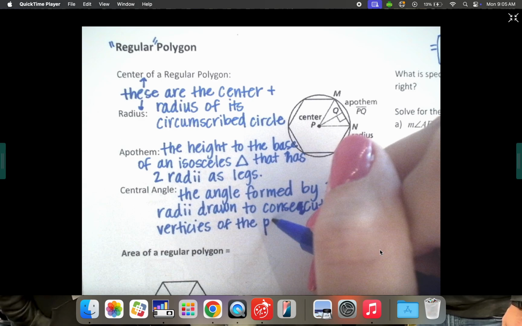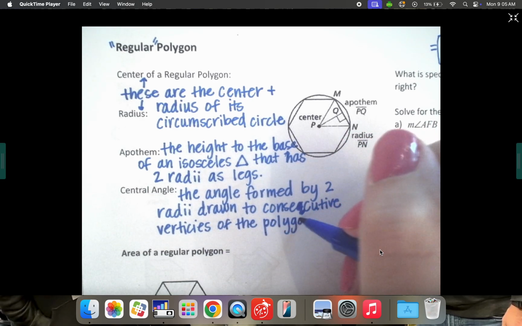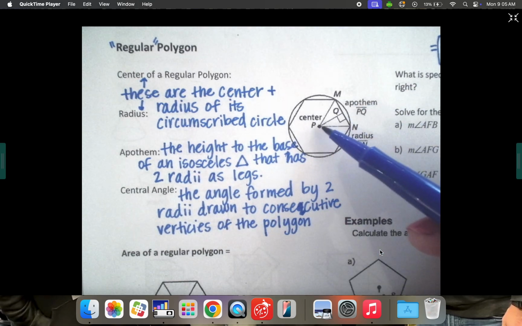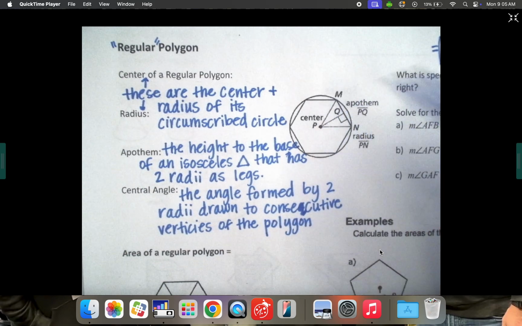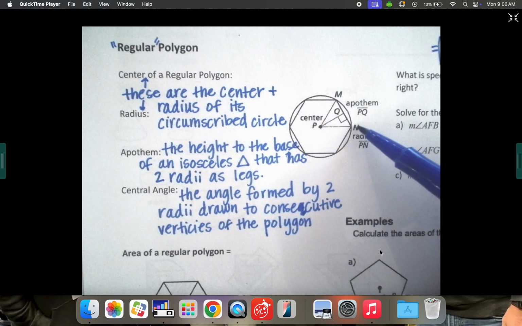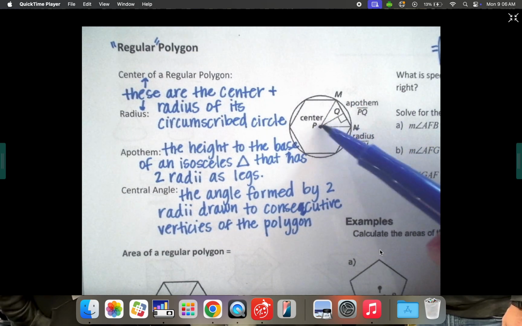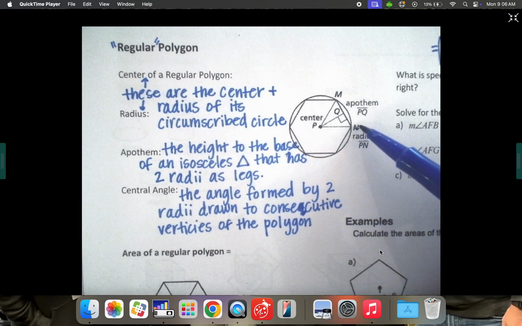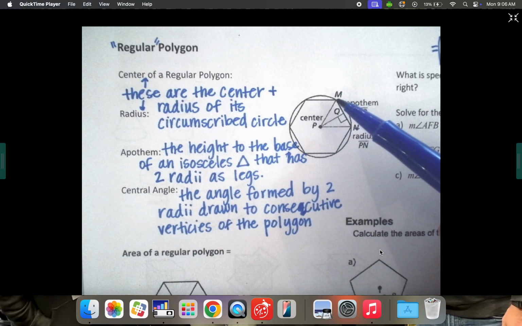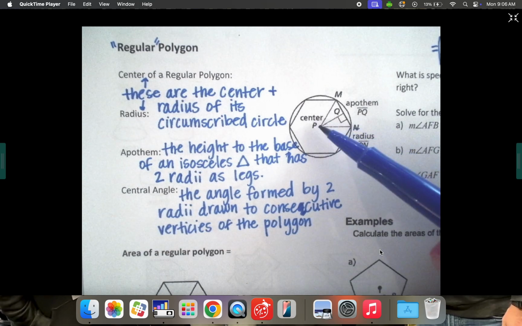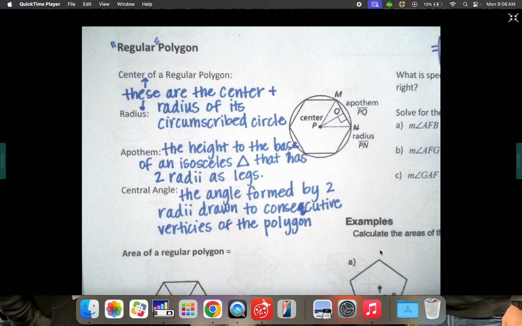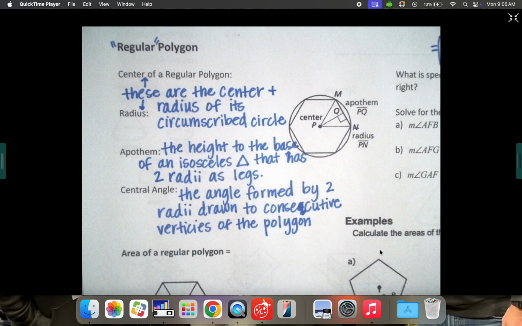Okay, let's talk about what that means. So you have your central angle, which would be the angle formed by two radii. It would be like angle MPN. So angle MPN is considered a central angle. It includes the center as its middle point. So angle MPN or angle NPM is a central angle because it's an angle off of the center. Essentially, that's what that means.